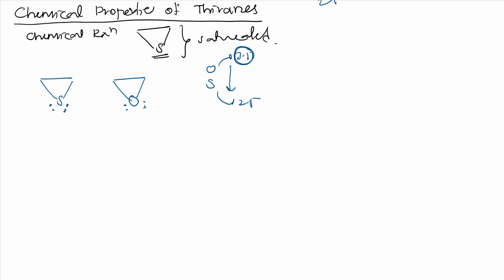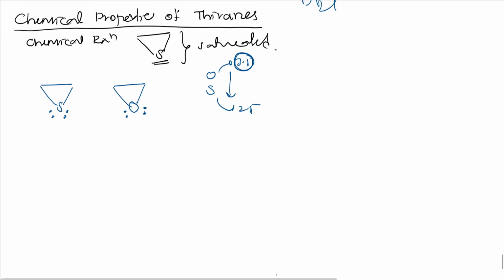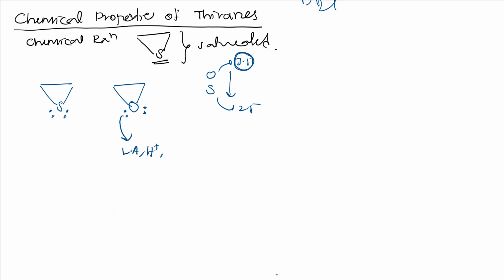Here sulfur has two lone pairs and oxygen also has two lone pairs, right? So this oxygen can donate a lone pair easily to any Lewis acid, or H plus, or any electrophile like this acyl chloride. This is an electrophilic carbon, right? So it can donate easily compared to thiirane.